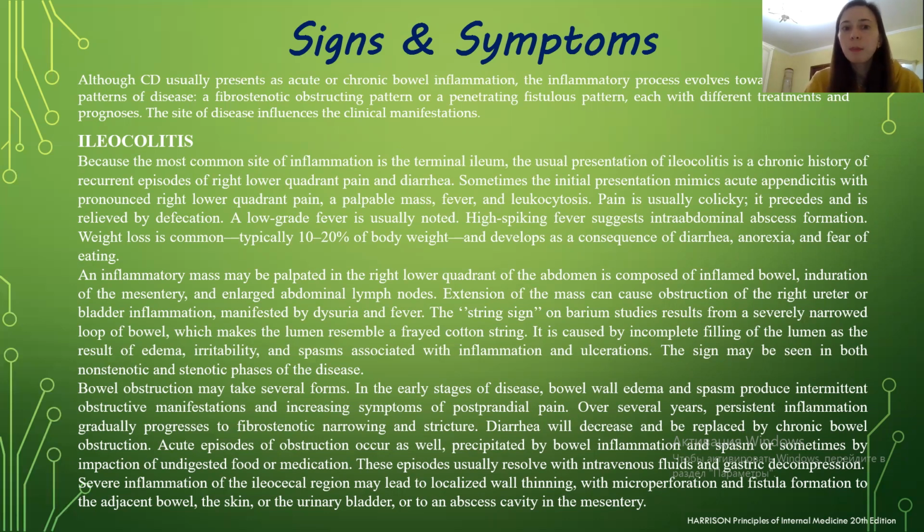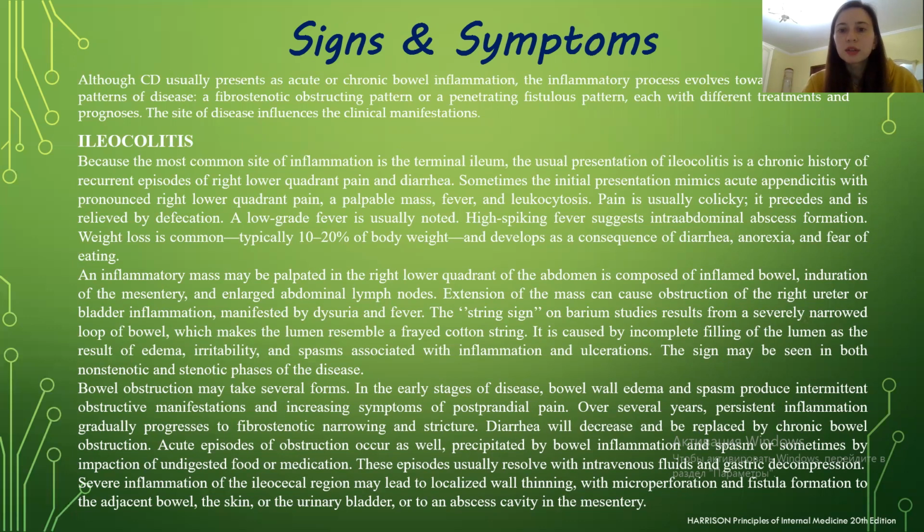An inflammatory mass may be palpated in the right lower quadrant of the abdomen, composed of inflamed bowel, induration of the mesentery, and enlarged abdominal lymph nodes. Extension of the mass can cause obstruction of the right ureter or bladder inflammation, manifested by dysuria and fever.